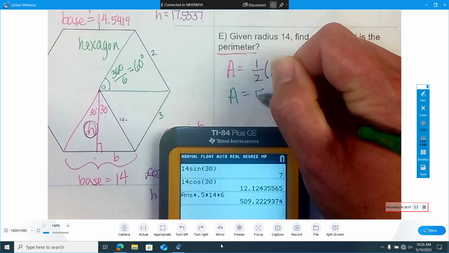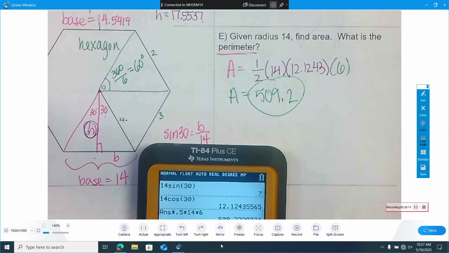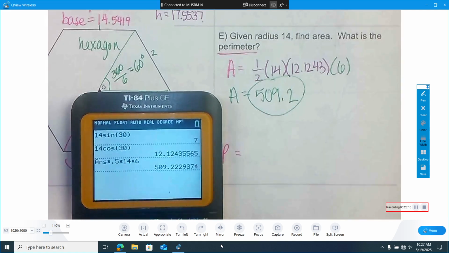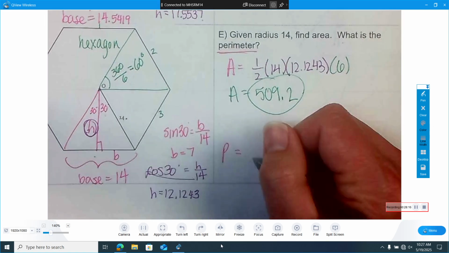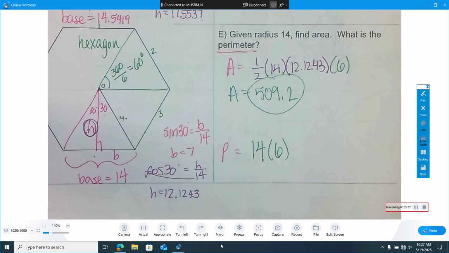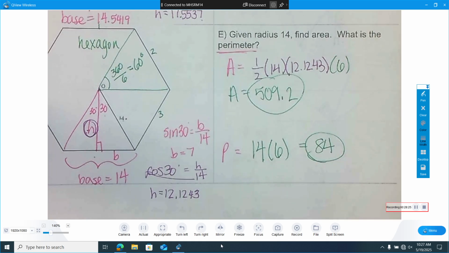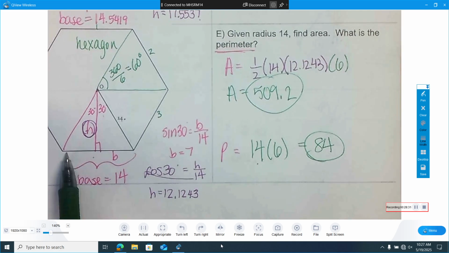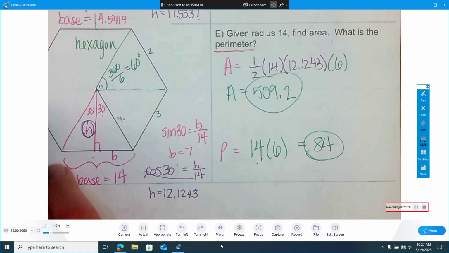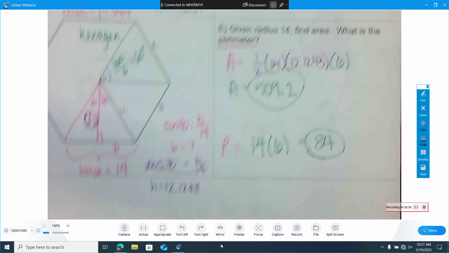So I have an area of 509.2, looks like. And then how's the perimeter? It's just 14 times our 6 sides, and 14 times 6 is 84. So all we're doing is taking this base length and multiplying it by the 6 sides that we have there. Okay, questions on that?